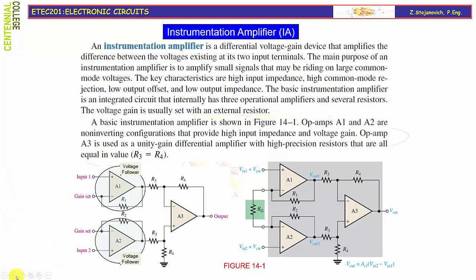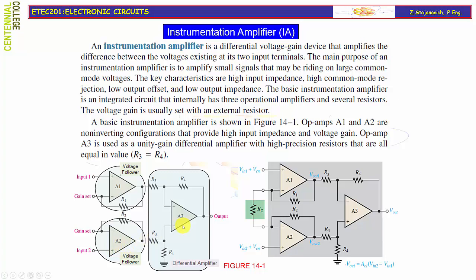So once again, when you look at the structure of the instrumentation amplifier, you will recognize two voltage followers and one typical differential amplifier that we described before. We know how the voltage follower operates and what its characteristics are, and we know how the differential amplifier operates.